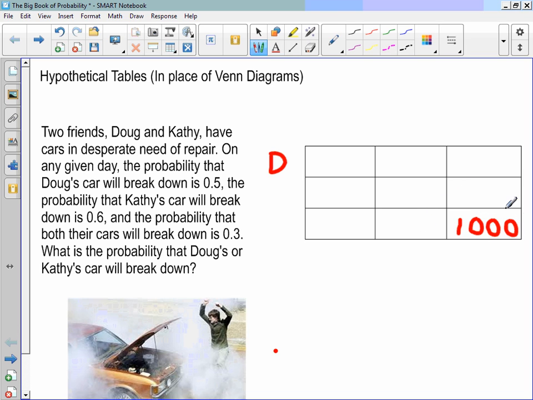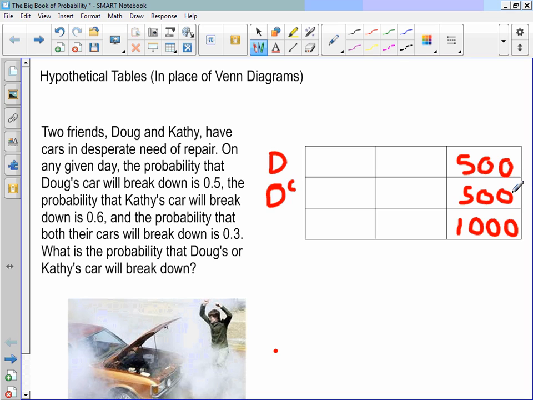Well, if there's 1,000 days, it would break down 500 times in 1,000 days. All right, and then we always put the reverse here. And so we're going to say Doug's car if it doesn't break down. So if it doesn't break down, obviously it's going to be the other bit, 500, right? So 500 days it will break down, 500 days it won't break down.